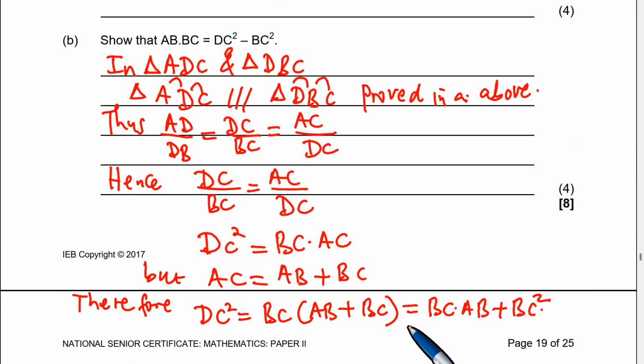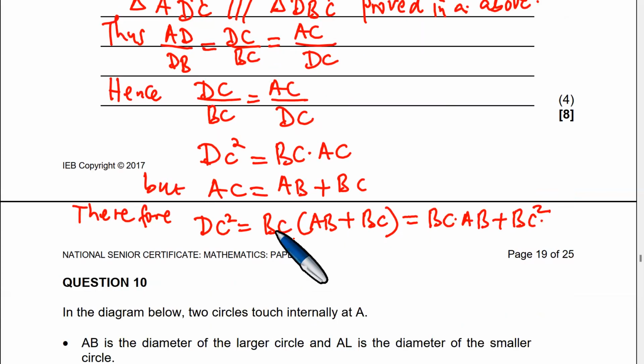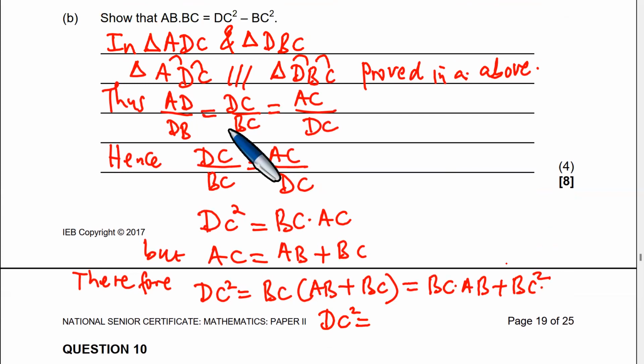So how far are we now? We are close because we have just proven this. Now from this equation, DC squared is equal to, you can write the AB first.